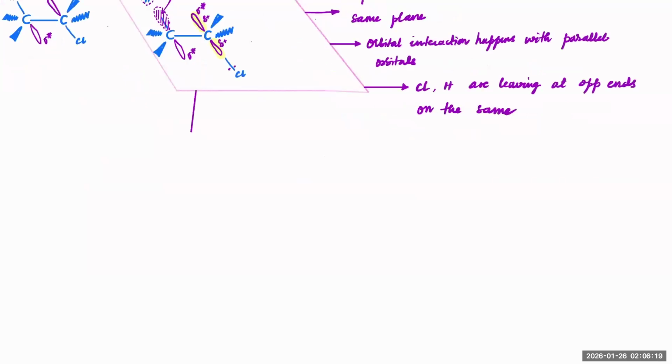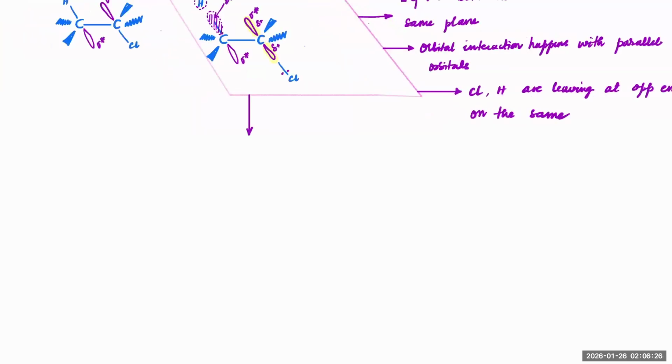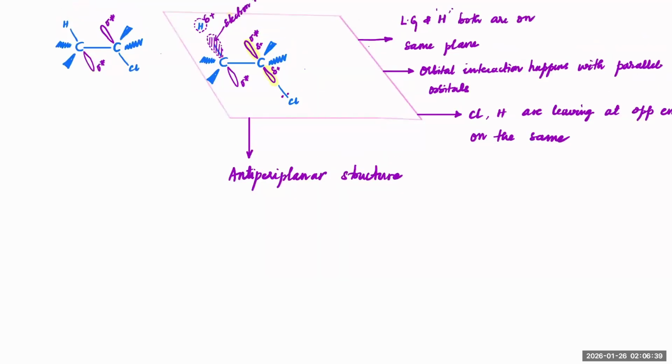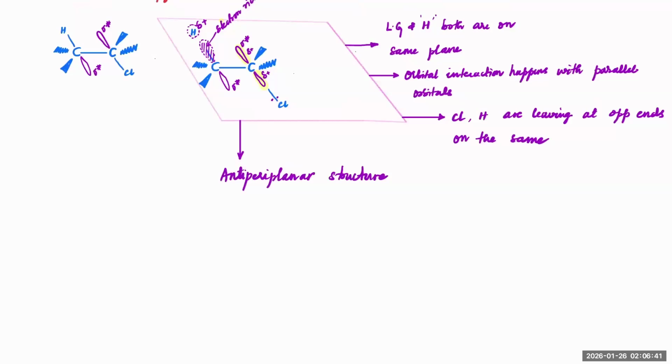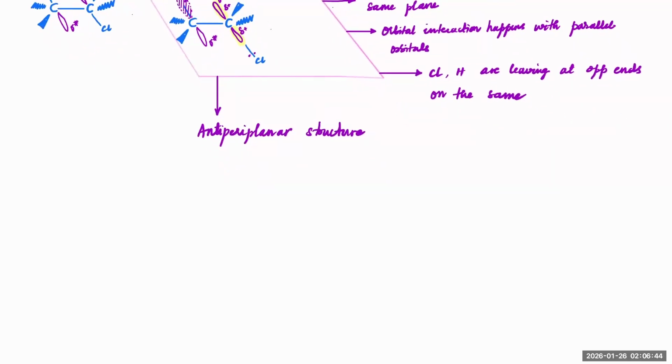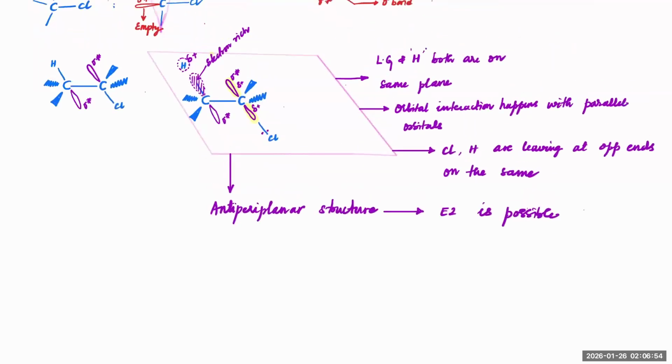Such a plane, where the leaving group and hydrogen both go on the same plane, is called an anti-periplanar structure. You can see now the molecule is in the anti-periplanar structure, and only when there is an anti-periplanar structure, E2 is possible. Otherwise, double bond formation is not possible at all.